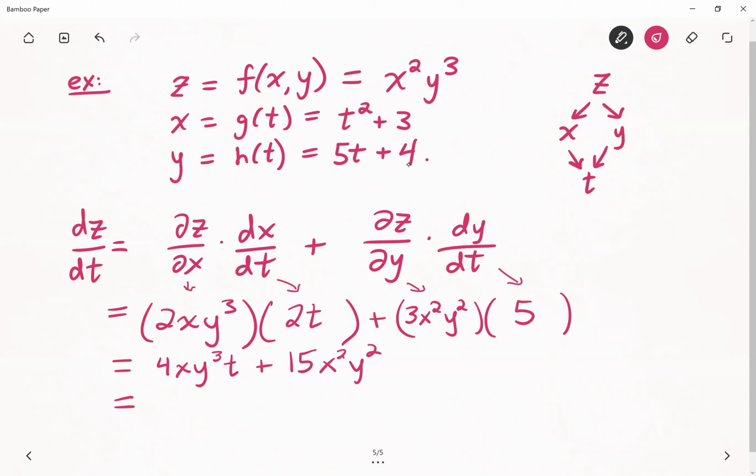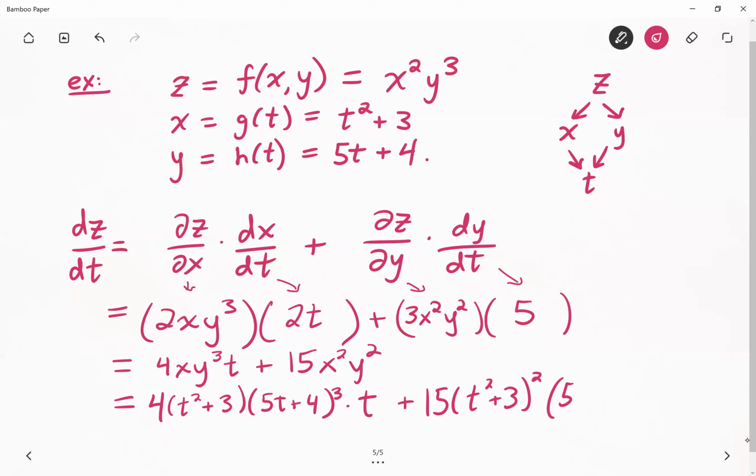And if you really only want t's in there, you could take the functions for x and y and insert them in this equation every place you see an x and a y. And so here, let's see, I've got 4 times (t squared plus 3) times (5t plus 4) cubed times t plus 15 (t squared plus 3) squared (5t plus 4) squared.